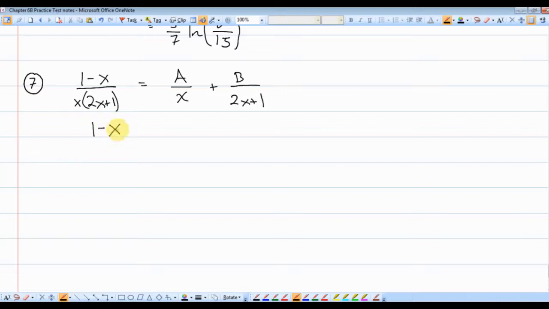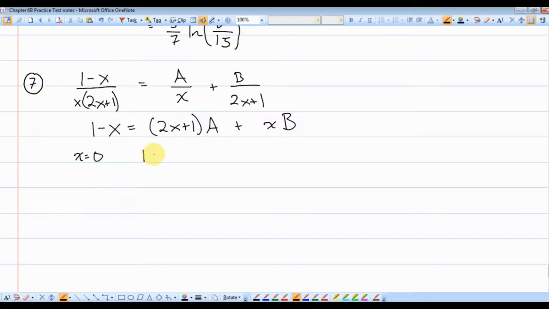1 minus x equals a times (2x plus 1) plus xb. Give me a value for x. Zero.